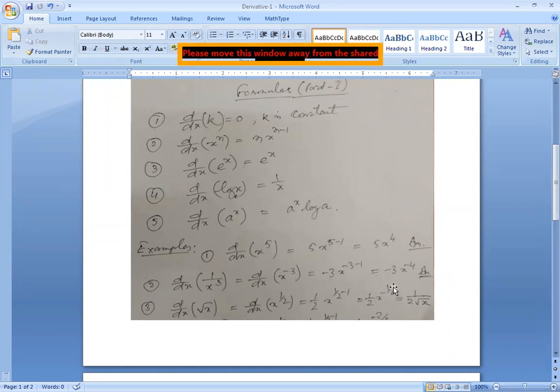But x to the power minus half means 1 by root x. So it is written in the simplest form, 1 by 2 root x.